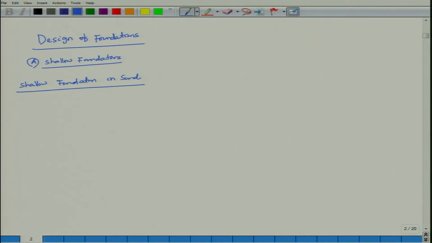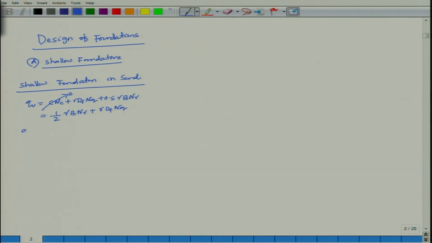What is the bearing capacity? Bearing capacity is c Nc plus gamma Df Nq plus 0.5 gamma B N gamma. Because in sand c is not there, let it be 0. I am just rewriting half instead of 0.5: half gamma B N gamma plus gamma Df Nq.